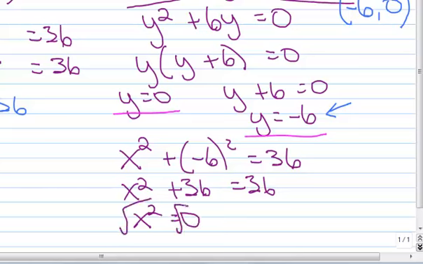Square root both sides, you get x equals 0, because there's really no such thing as plus or minus 0. So here's my other ordered pair. x equals 0 and y equals -6. So it looks like we have 3 solutions to this system with a circle and a quadratic.